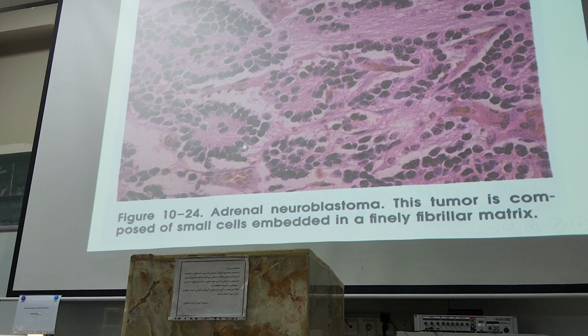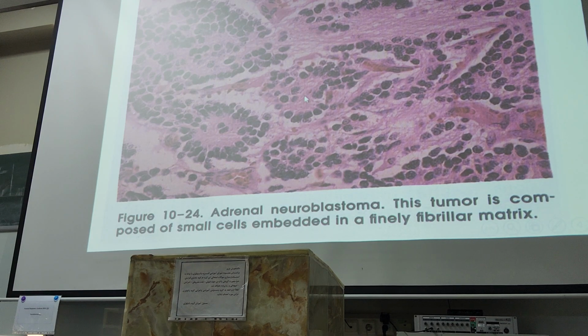Here you can see the arrangement of tumor cells, which are small round cells with dark nuclei, and the central region of the rosettes is pinkish material, which is neuropil, the cytoplasmic extension of the tumor cells. The background is fibrillary. You can see a fibrillary pattern here.